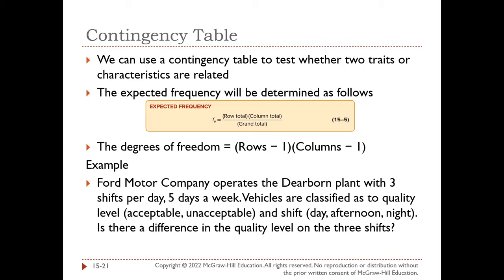The example they have here: Ford Motor Company operates the Dearborn plant with 3 shifts per day, 5 days a week. Vehicles are classified as to quality level, acceptable or unacceptable, and shift, day, afternoon, night. Is there a difference in the quality level in the 3 shifts?